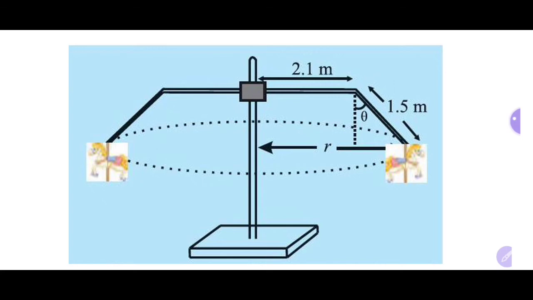Now, first of all, we have to keep in mind some facts. The value of the angle of inclination, that is 37 degree, is a very special number.